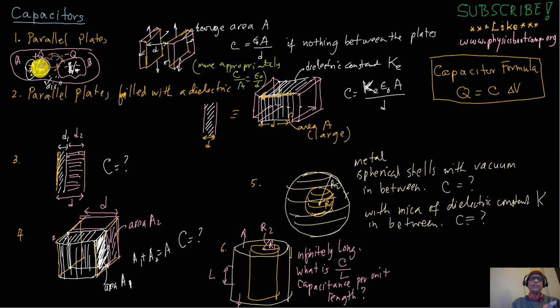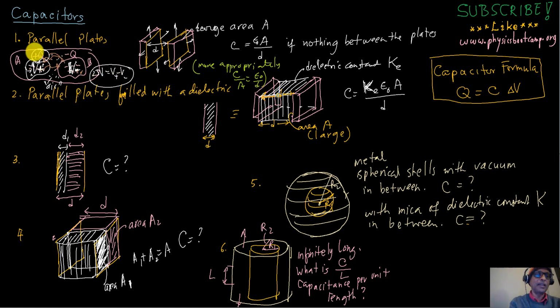Okay, so the capacitance of this is the ratio between the charge it can hold, plus Q here and minus Q here, but we just call it Q, and the voltage difference, which is delta V equals V plus minus V minus.